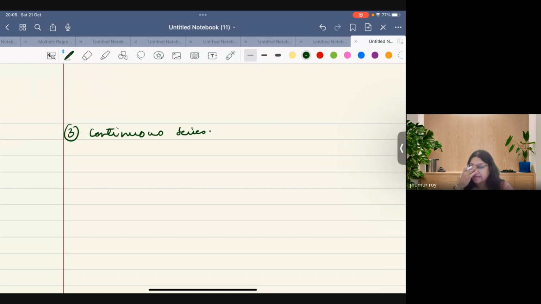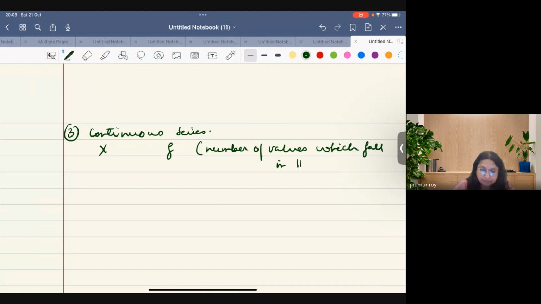So in this case, what I do is I will take my variable X and I will take frequency. Now here, the frequency means number of values which fall in the group. I'll explain, don't worry. Okay.